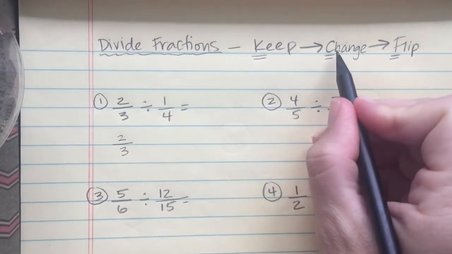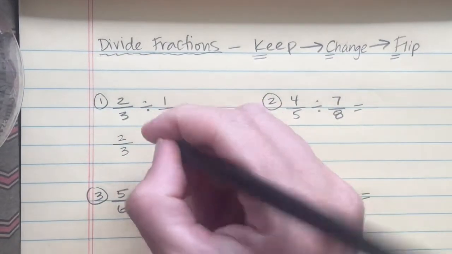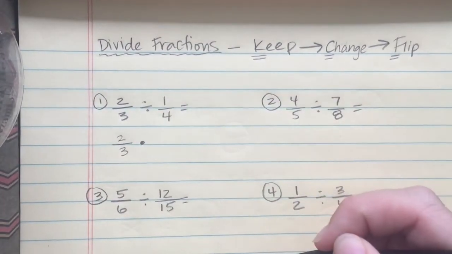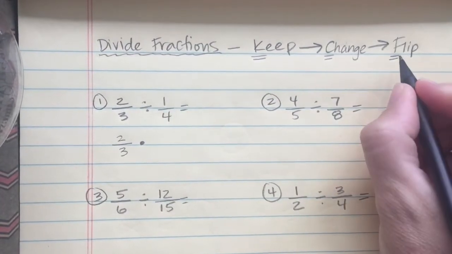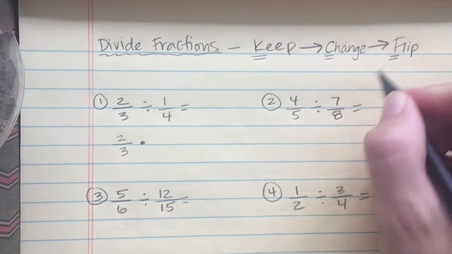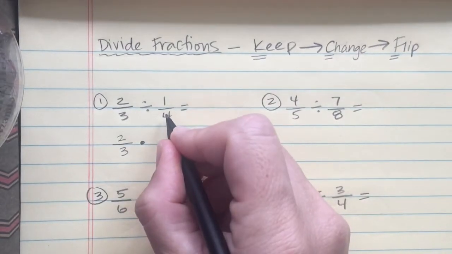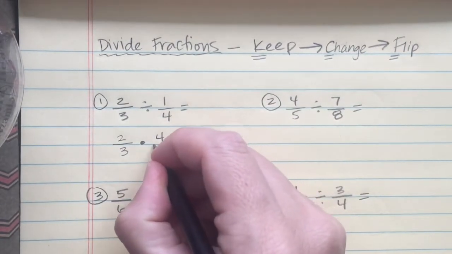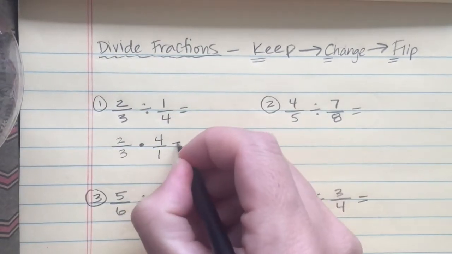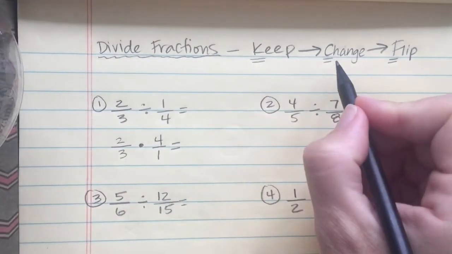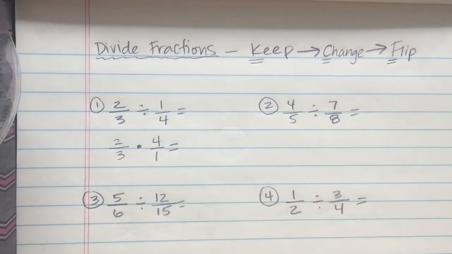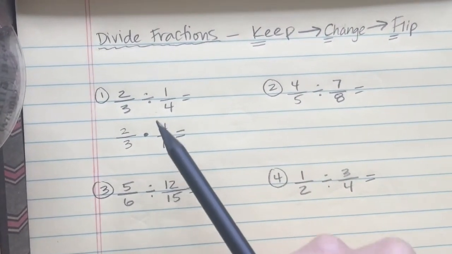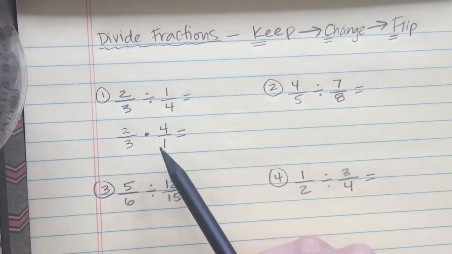You are going to change the division to multiplication, and you are going to flip the second fraction. So instead of 1/4, you're going to have 4/1. Okay? Keep, change, flip. When you're dividing fractions, you need to keep, change, flip.